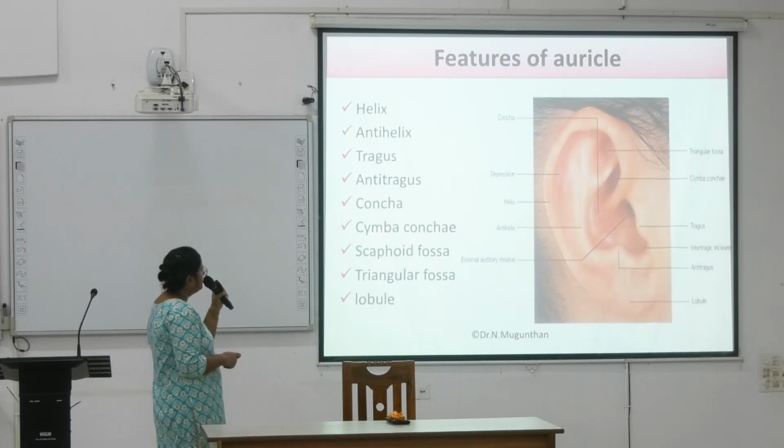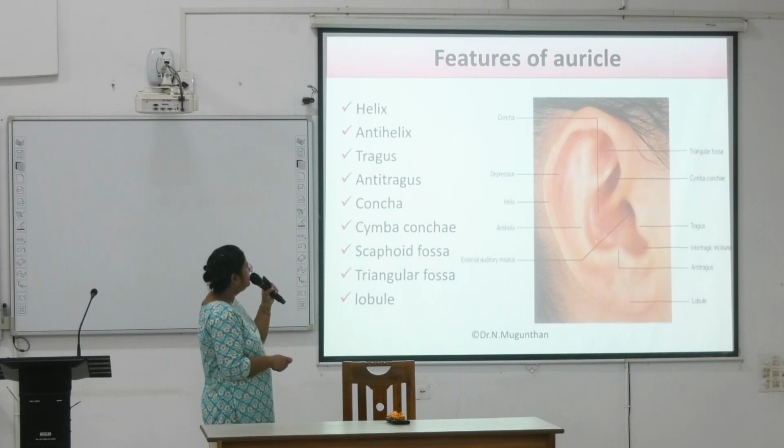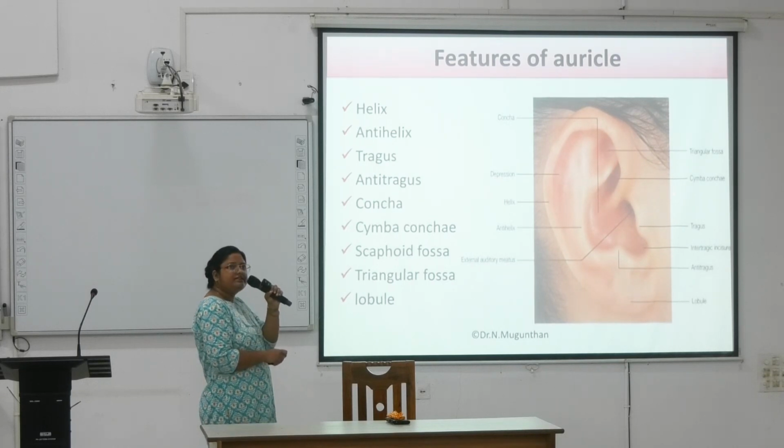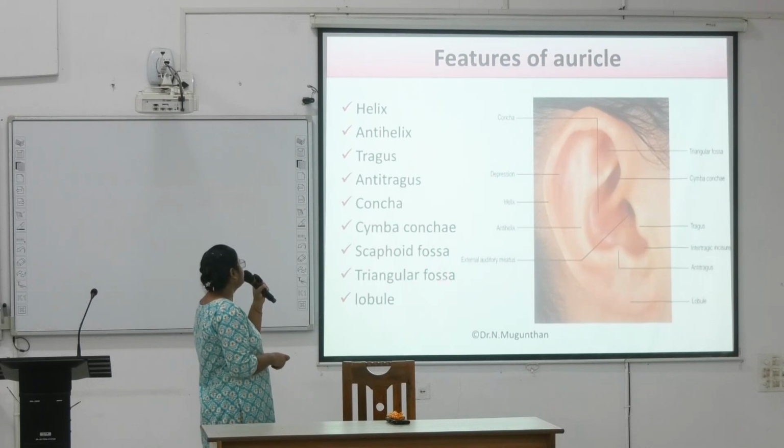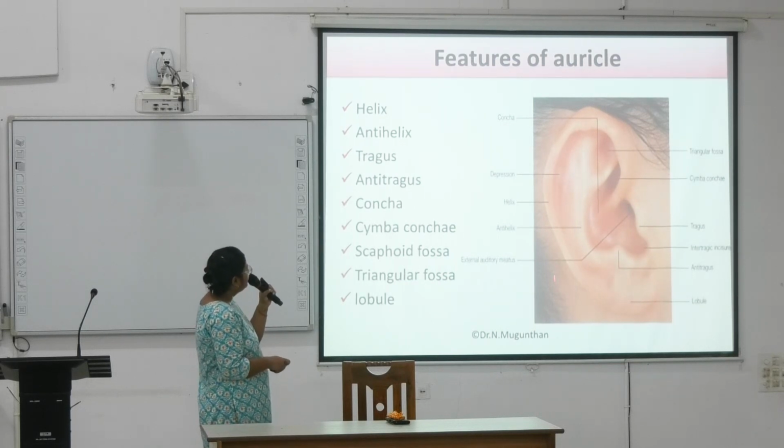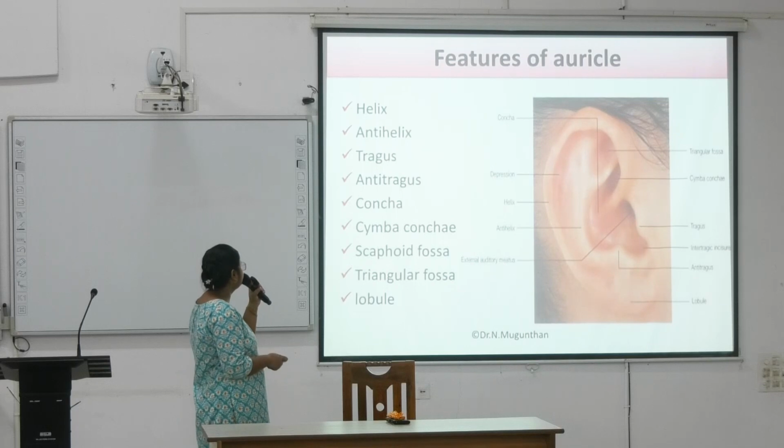Then the concha. The concha is the bony part, mainly the inner bony part. Here lies the bony part of the external ear. This part is known as the concha. Then there is the cymba concha. Okay, this is also lying near this concha in this region. Next is the scaphoid fossa. The deep depression in this region is known as the scaphoid fossa.